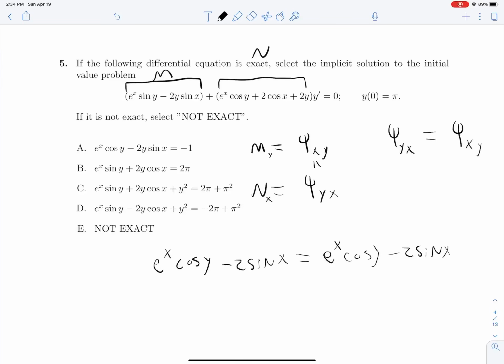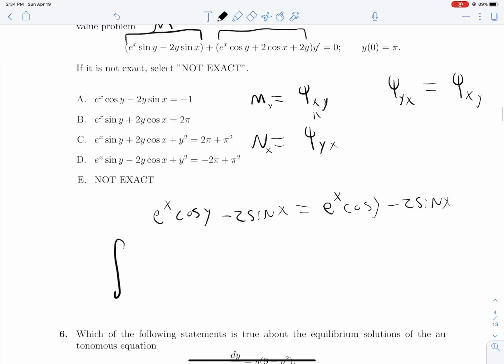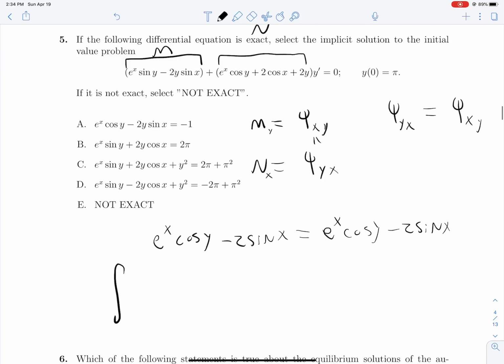So as a result, we know that this is an exact equation, and we can take the integral of M dx and compare it to the integral of N dy, and we'll be able to find our function psi.